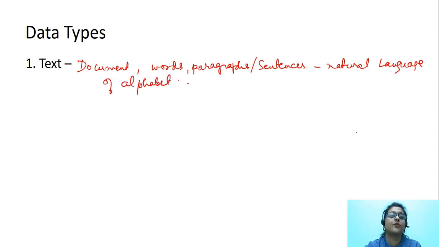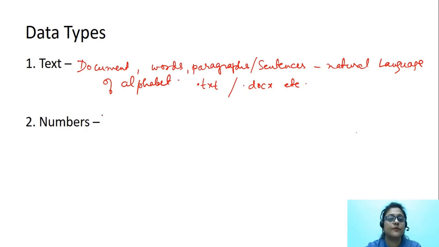The format of storing the data type text is .txt or .docx, etc.